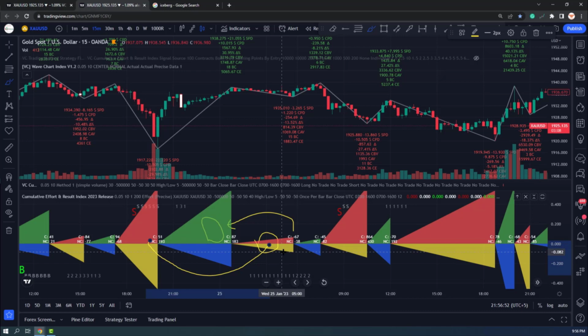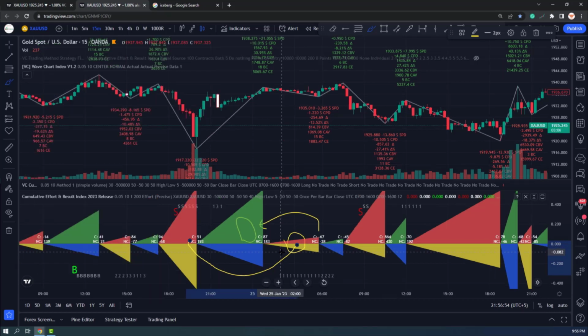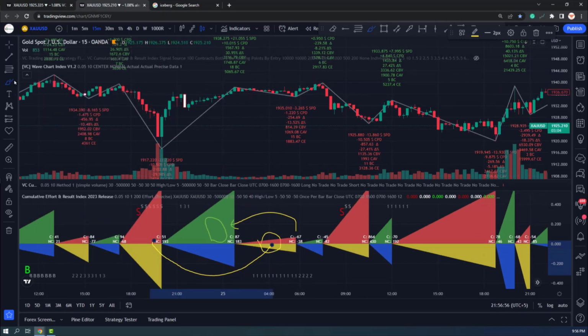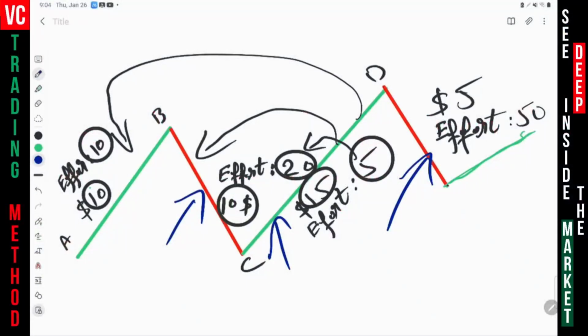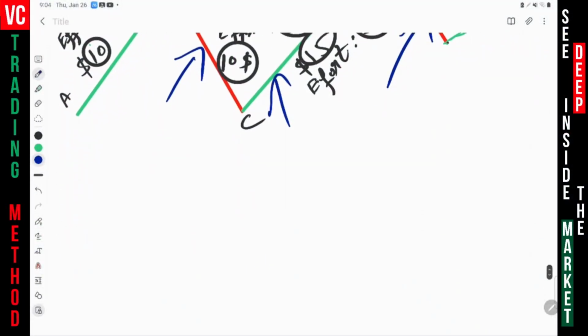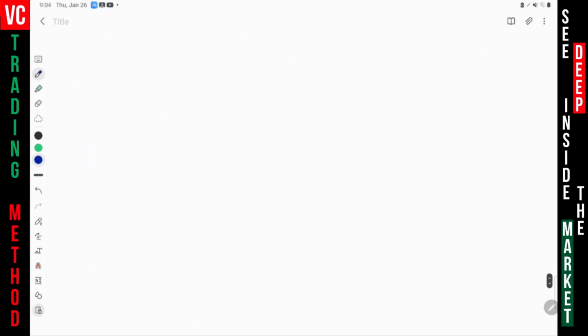What is the meaning of negative and positive values? Here, I am going to elaborate on my tab screen. This is very important, the most important part of your analysis. Just focus here and try to understand.